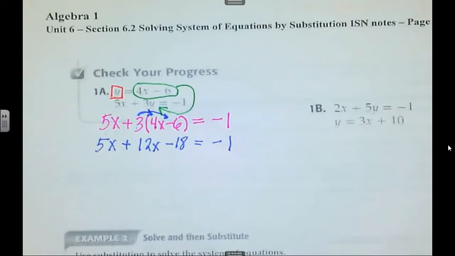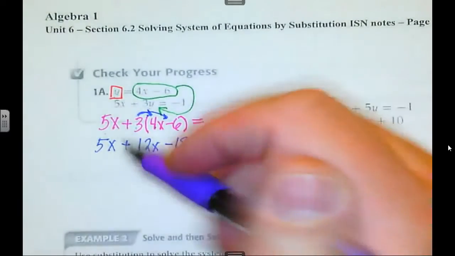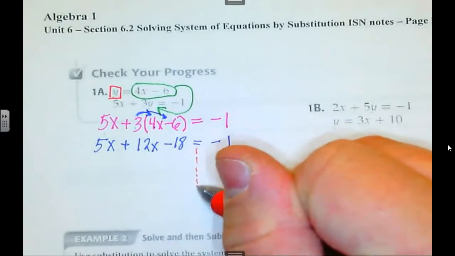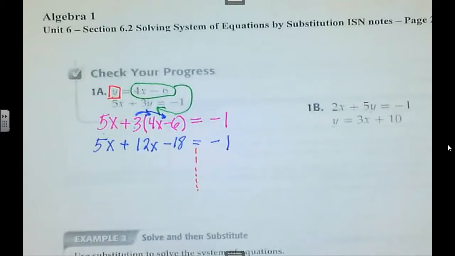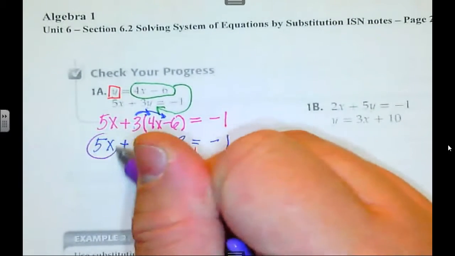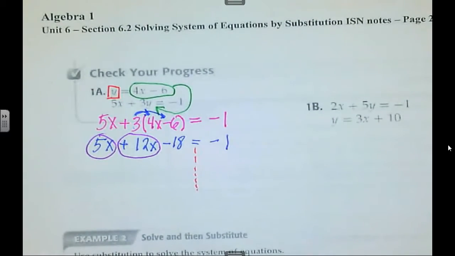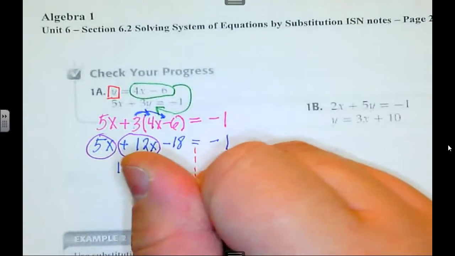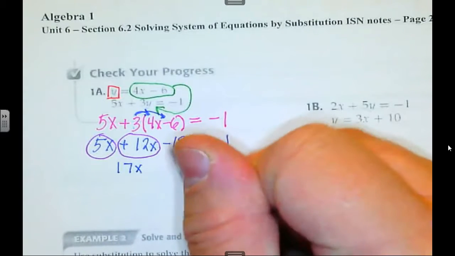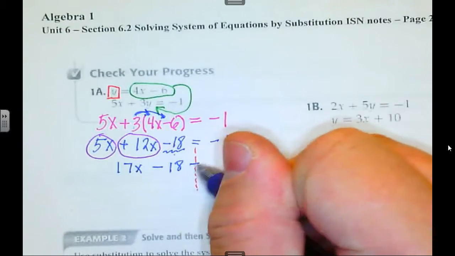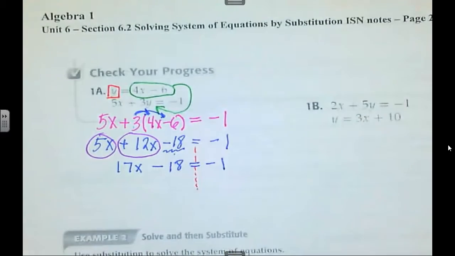I'm going to combine my like terms. Well, let's see. I have a 5x because they're on the same side of the equal sign. So I have a 5x and a 12x. Gives me 17x. Bring down my minus 18 equals negative 1.